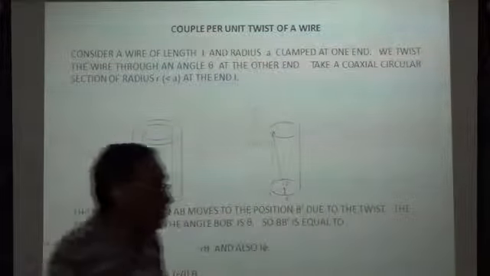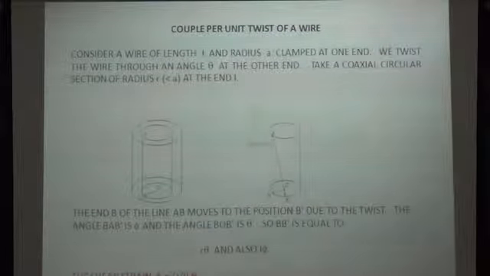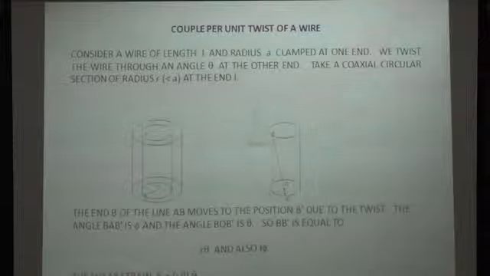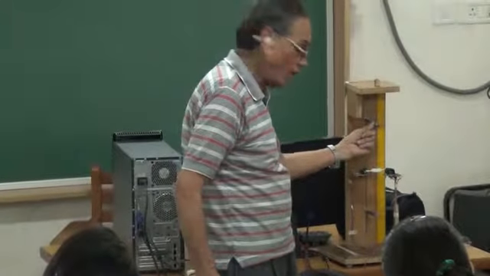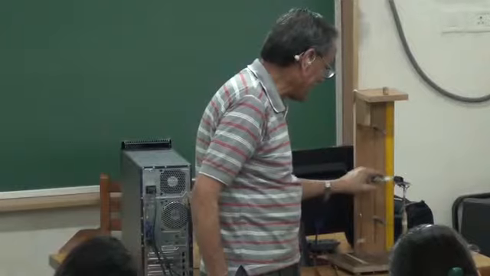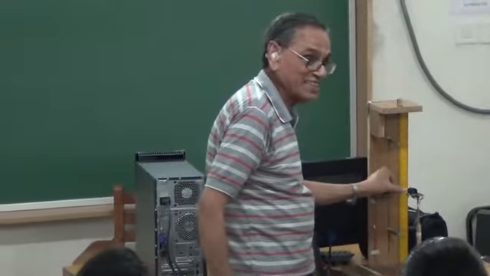Now I am going to measure the rigidity modulus of a circular wire like this. So what do I do? I take this circular wire, I clamp it at the top and I attach a disc and then I twist the disc.